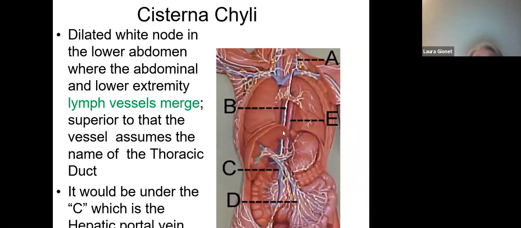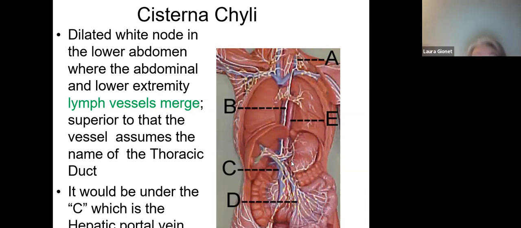Okay, this is that same model, but we backed up a little bit so you get a better overview of what you're looking at here in the abdomen. So C is pointing to the hepatic portal vein. Behind that is this dilated region where multiple lymphatic vessels are merging. One's draining from the lumbar area and one's transporting lymph from every other place in your body, from the abdomen, from the two lower extremities.